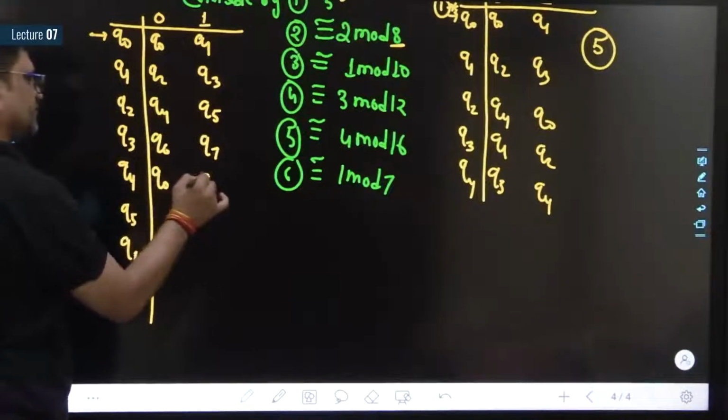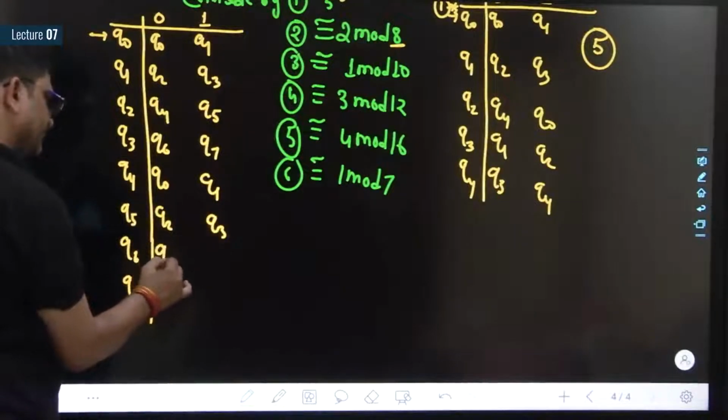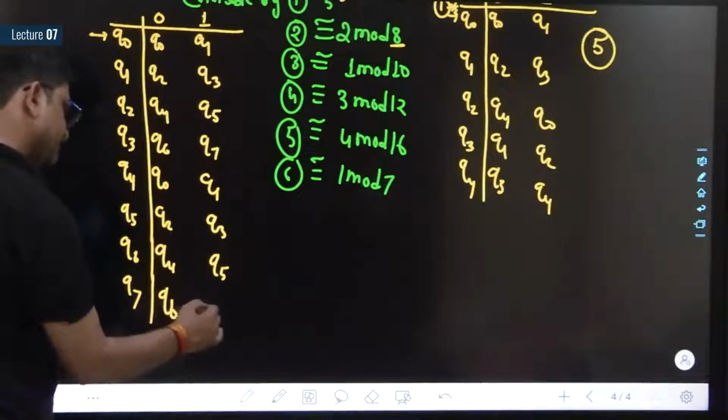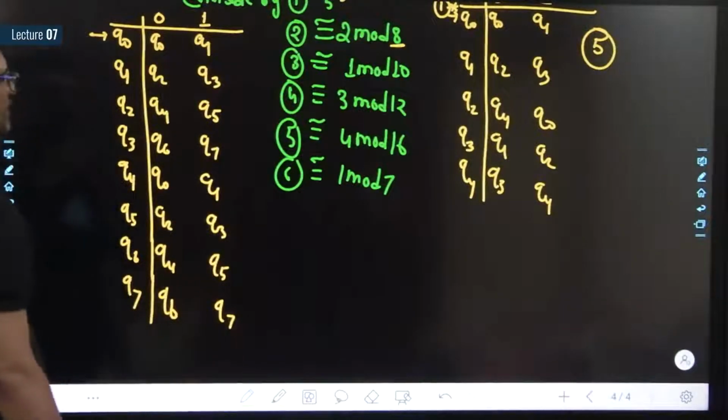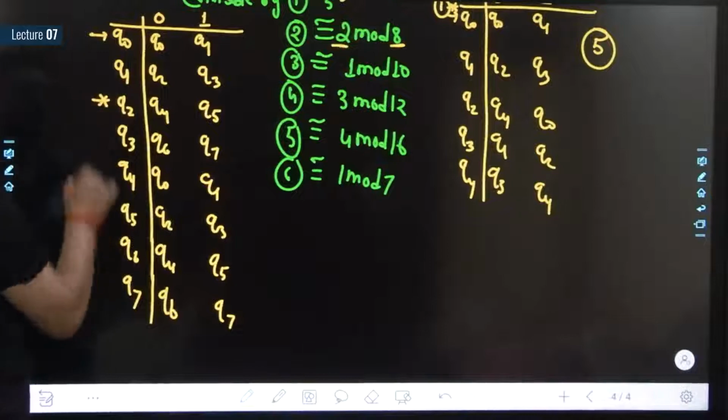Again start Q0, Q1, Q2, Q3, Q4, Q5, Q6, Q7. Which one is the final state? Remainder 5. This one is the final state.